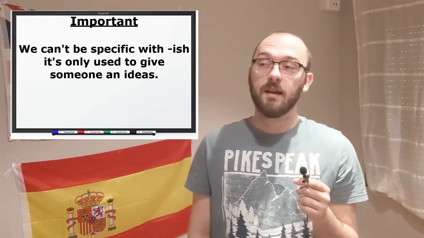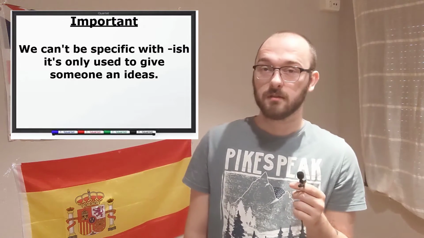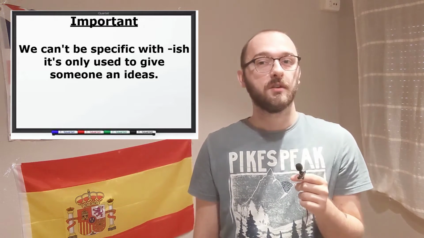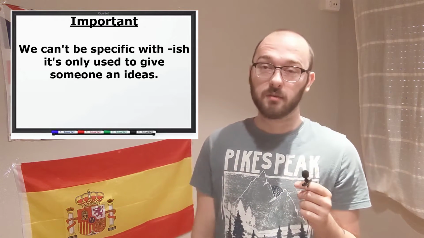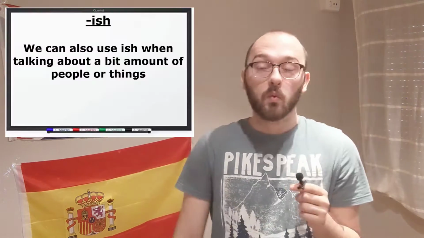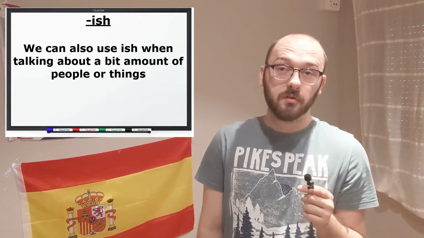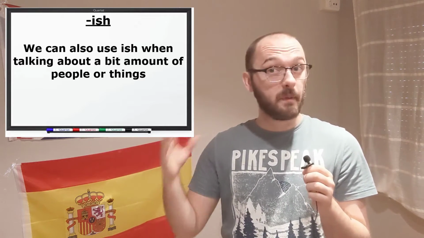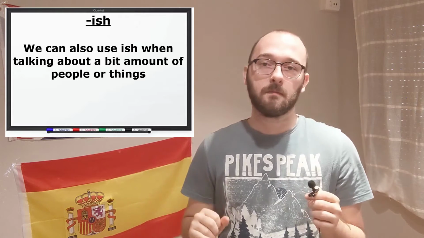It's around that number. We don't know exactly what time it is, we just know more or less. And with ish, that's the only thing that you need to express. We could say it's 4-ish, but it's actually 5 past 4 or 10 past 4. That's okay as well.